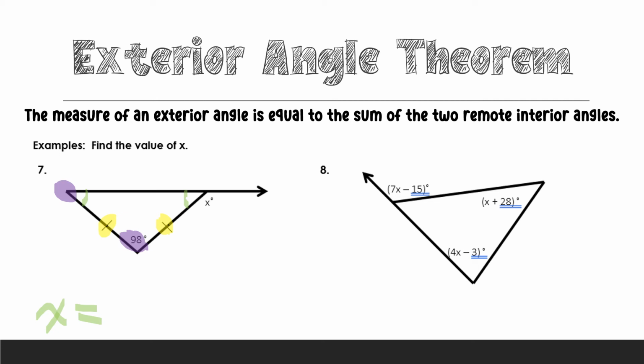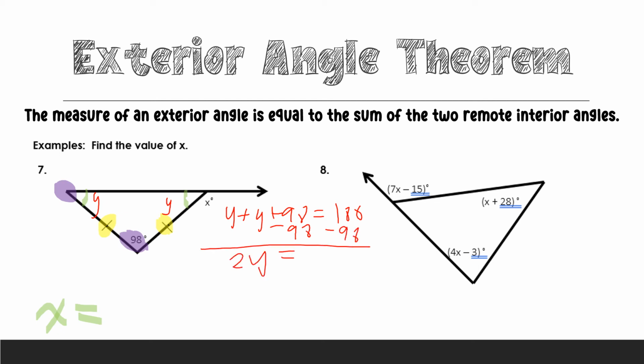I'm just going to call them y to make it easier. So we have y plus y plus 98 equals 180. I'm going to go ahead and subtract 98. So that gives me 2y equals 82. Divide both sides by 2. So those angles are 41 degrees.